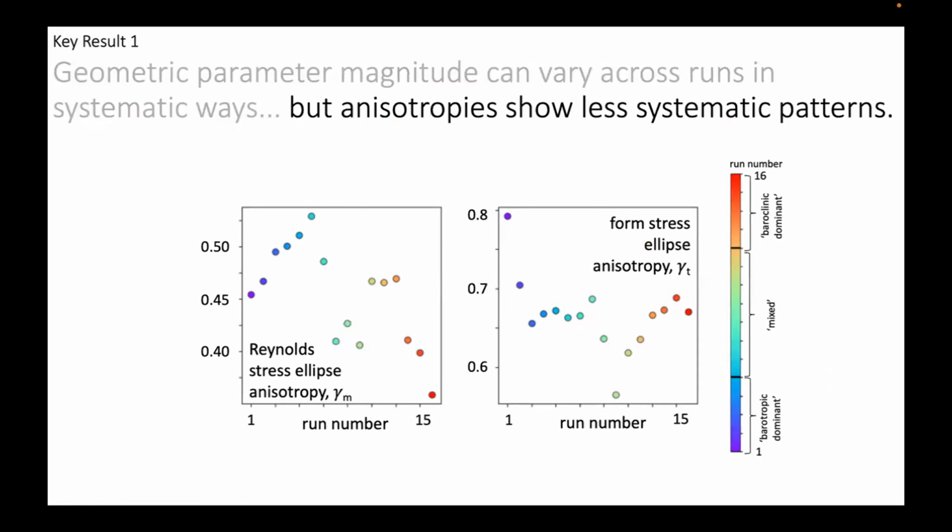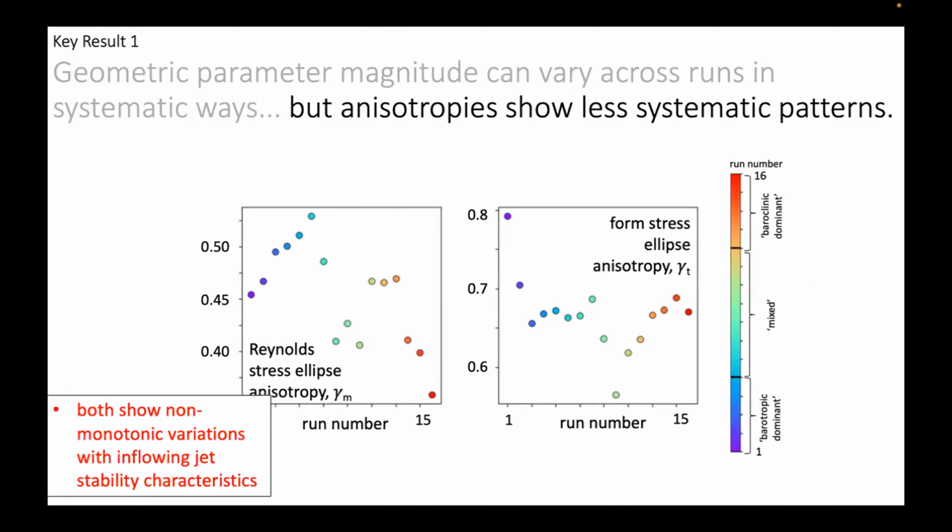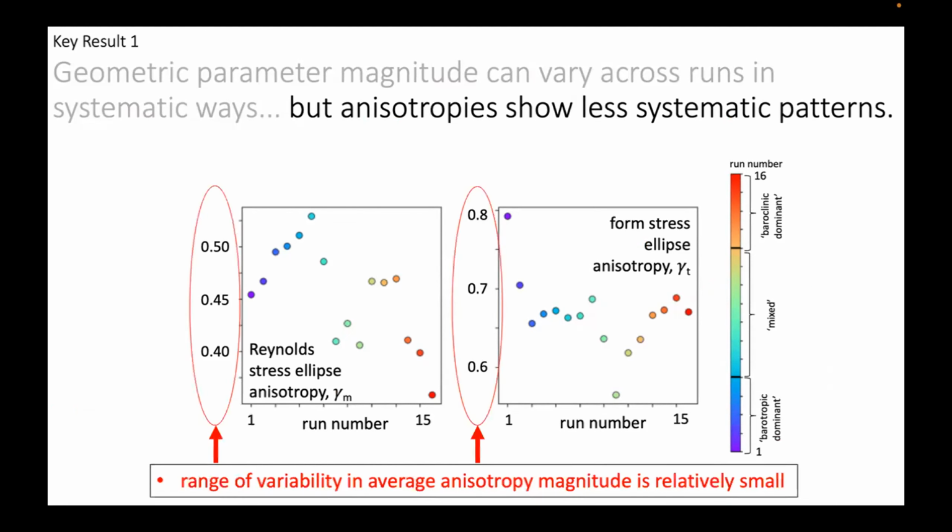But the anisotropies show less systematic patterns. So this is the same view, but for the bulk average anisotropies for the Reynolds stress ellipse and the form stress ellipse as a function of run number. All right, and we see that there is non-monotonic variations with inflowing jet stability characteristics in both of these fields.